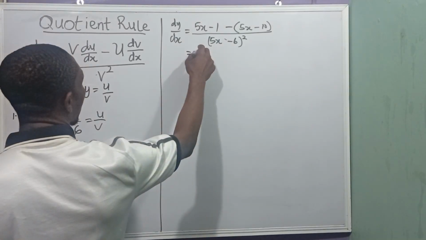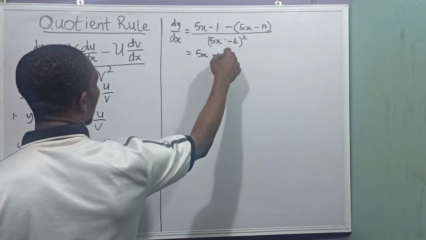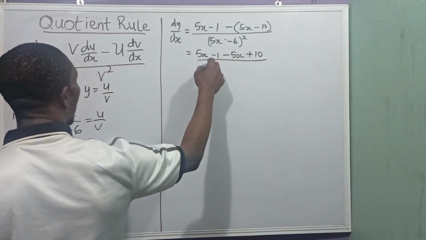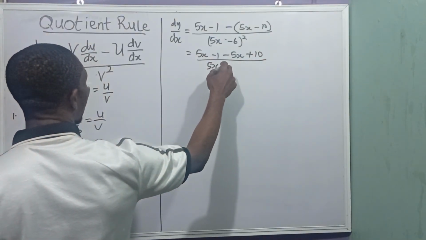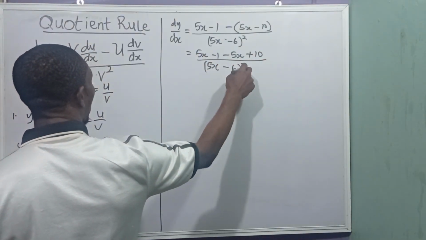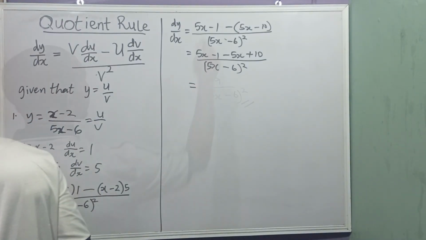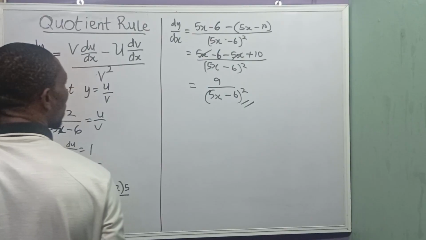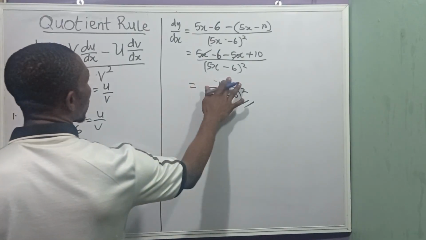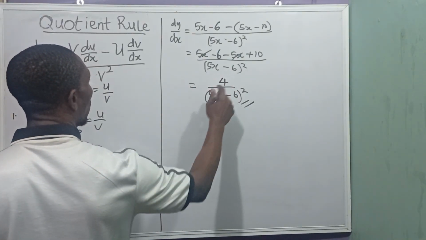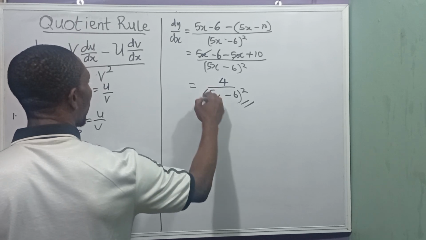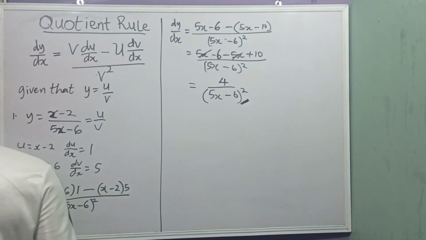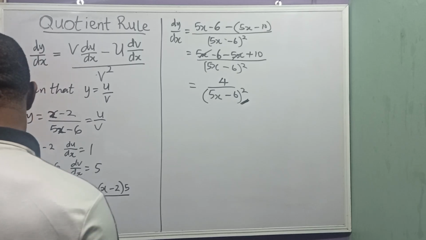So this gives us 5x minus 6 minus 5x plus 10 all over 5x minus 6 squared. From there, minus 6 plus 10 will give us 4. So this will be 4 over 5x minus 6 all squared as our answer.